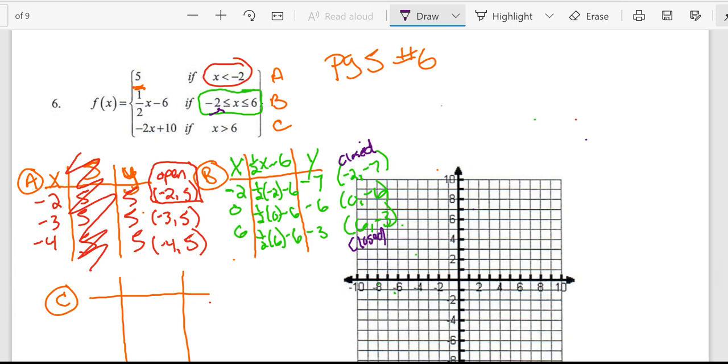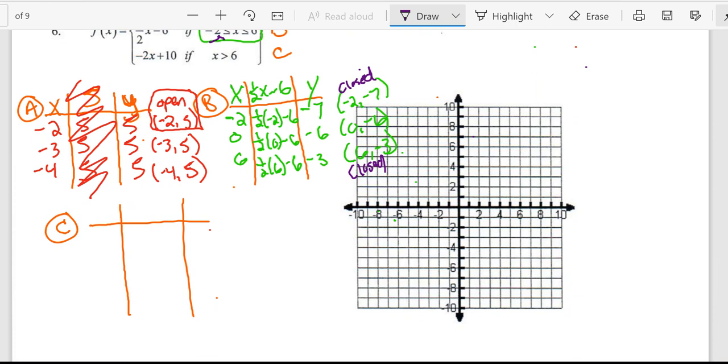And then for the last table, because there's 3 this time, we have x and y. We have negative 2x plus 10. For this one, we look at the restrictions when it's greater than 6. So again, we always start from 6, and then we could say something like 7. Negative 2 times 6 plus 10.